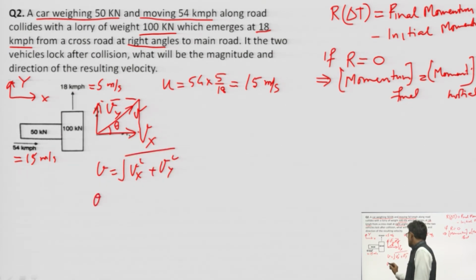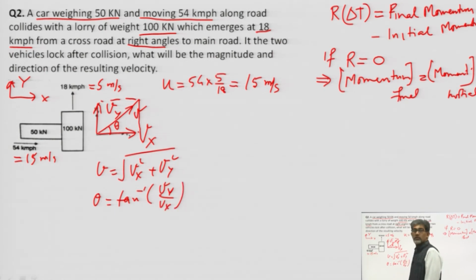And what will be the value of theta? It will be tan inverse of v y divided by v x. So, we will divide the velocity into horizontal and vertical components.